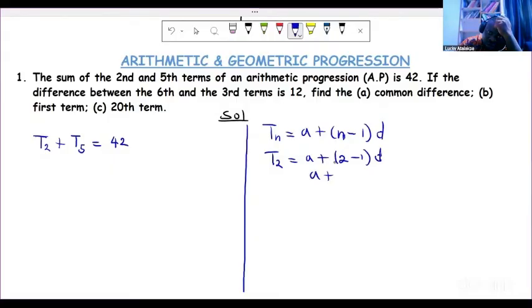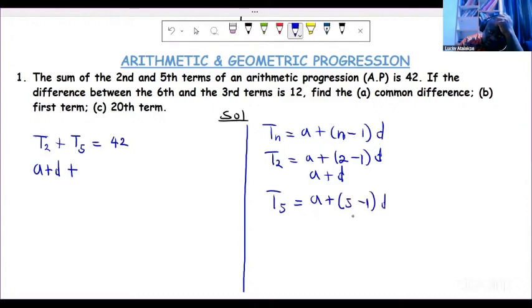So this becomes A, 2 minus 1 is 1, 1 times d is d. So the second term is A plus d. Then the fifth term means our n is 5. So 5 minus 1 gives us 4, right? 4d. Good. So our fifth term is A plus 4d, all equals 42.